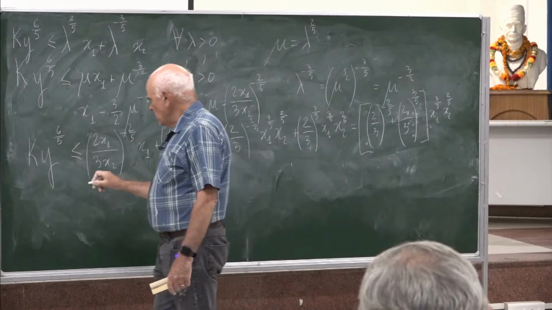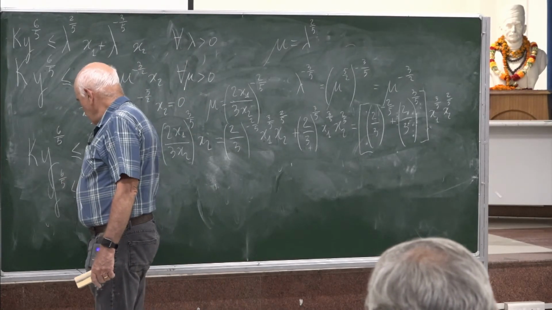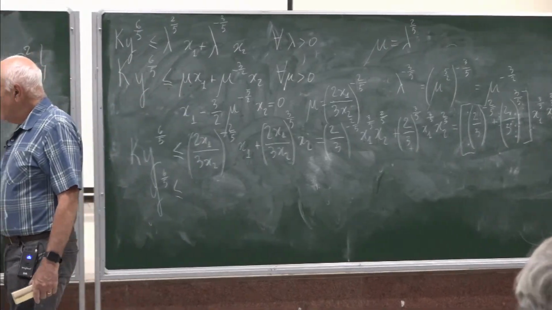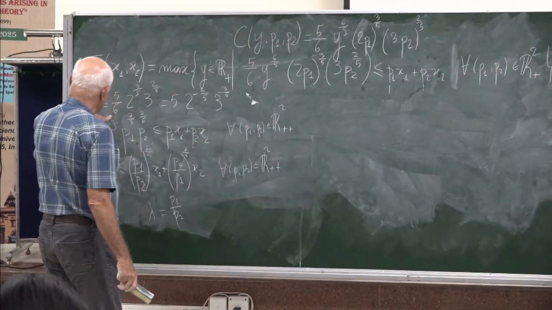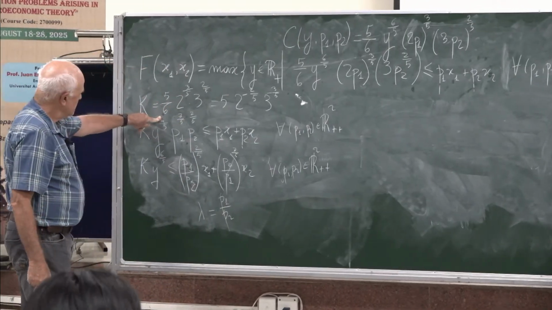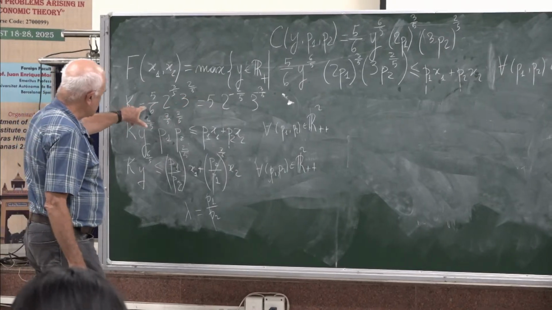So y to the power 6 over 5 should be less than or equal to that number divided by k. What was k? K was this. So I have to put 1 over k in the right hand side.